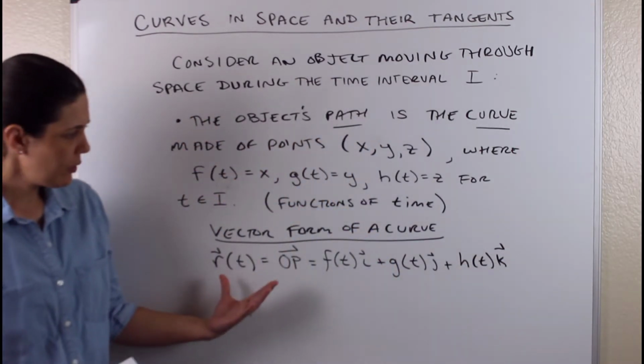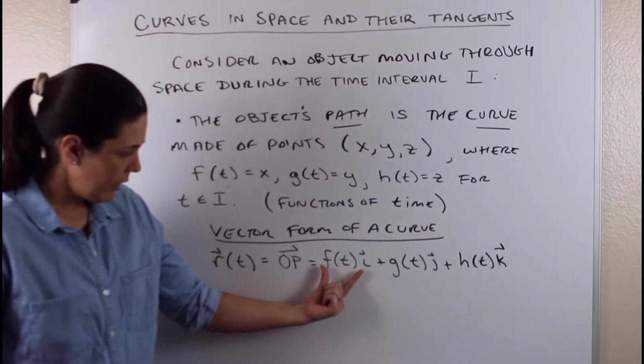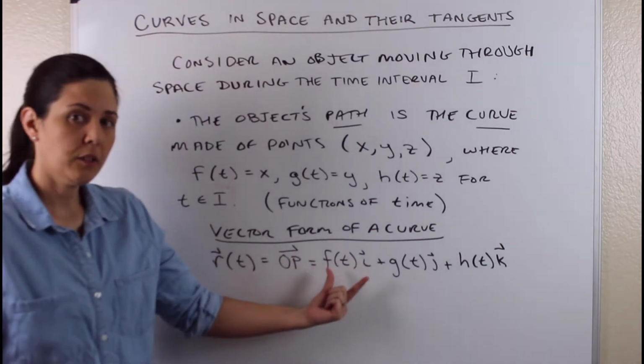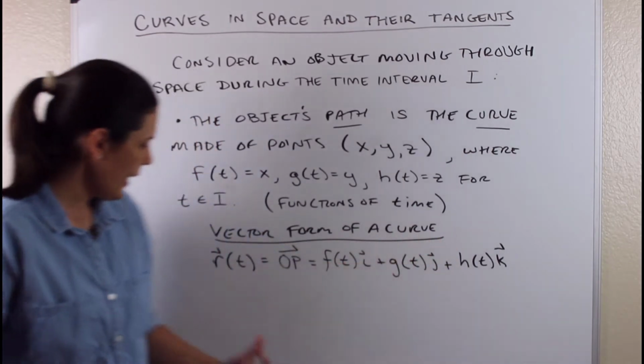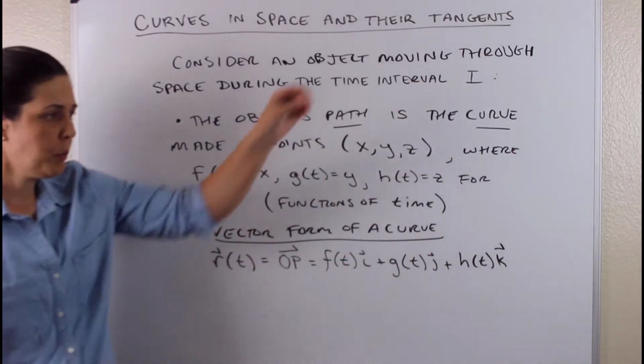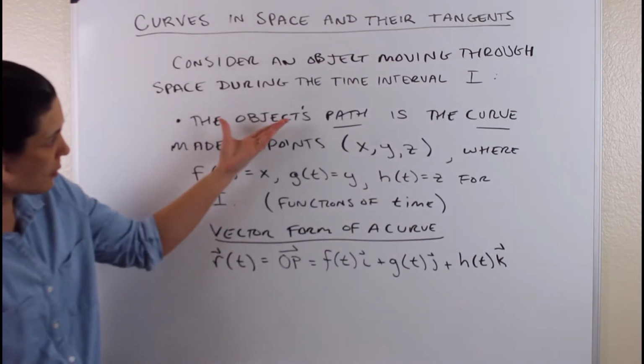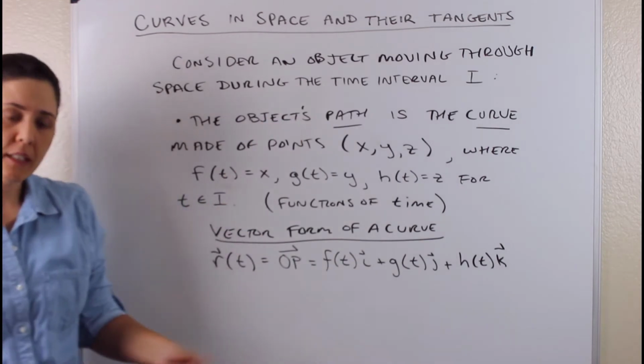Alright, so this is how you can represent a curve using vectors. So we move whatever f of t is in the i direction or in the x direction, similar for j and k, and then that's how we locate all of our points in space, and all those points put together form this curve. And the curve could represent some object that's traveling through space.